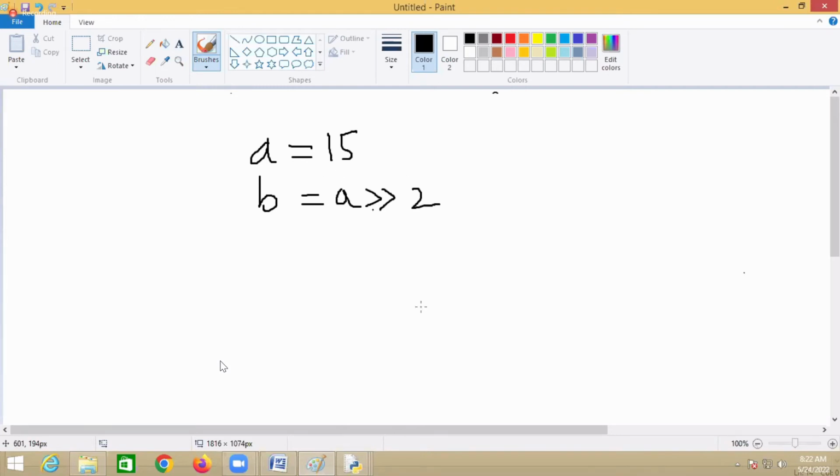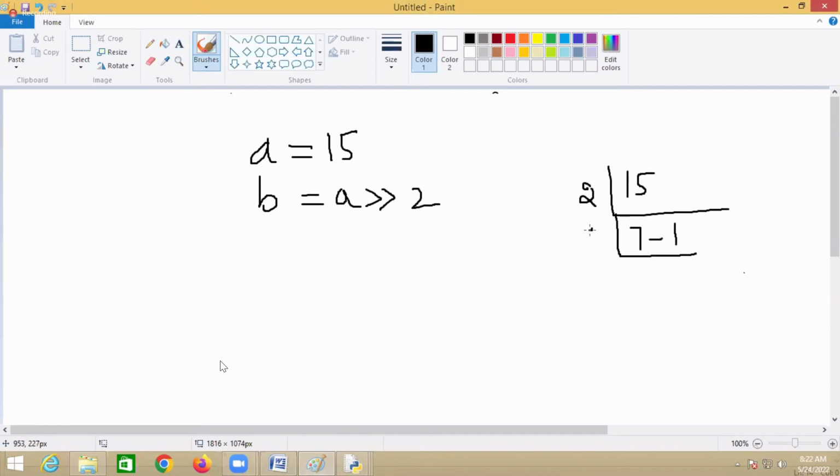To find the binary equivalent, I divide 15 by 2: 7 times, remainder 1.